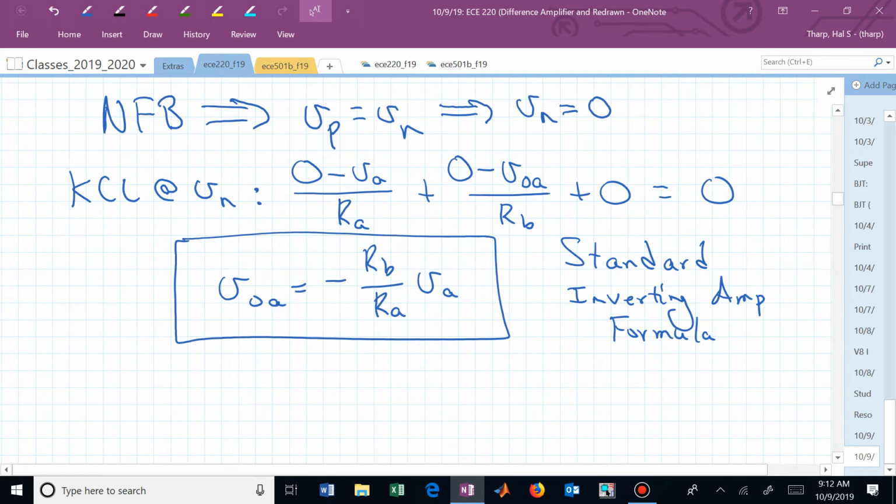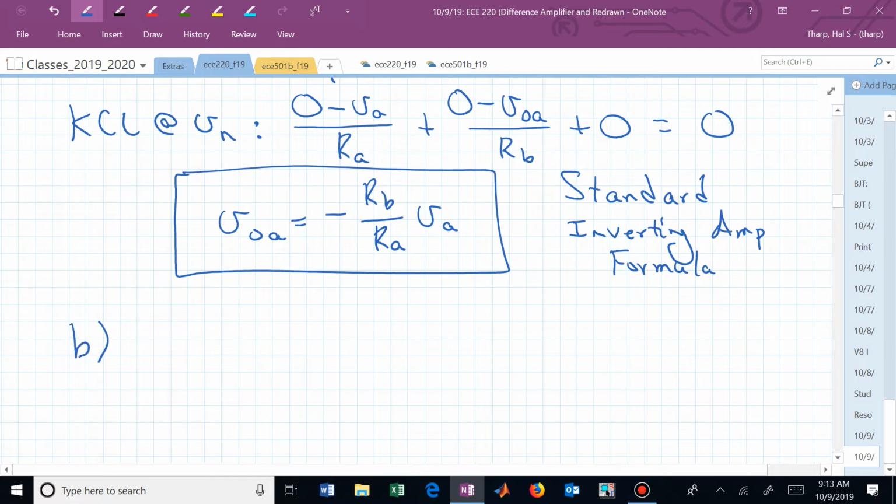We had some different labeling on the resistors. We now labeled our feedback resistor as R sub B. Our input resistor is R sub A in that particular branch, giving us then minus R sub B over R sub A times V sub A, giving us the first component of our total answer for the output voltage.